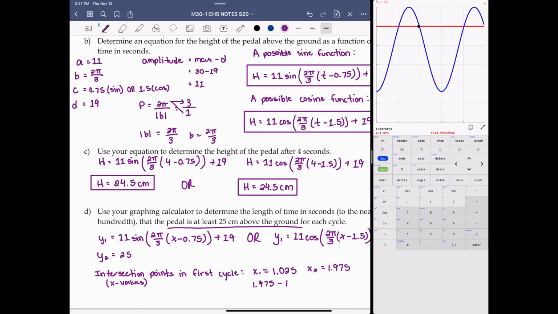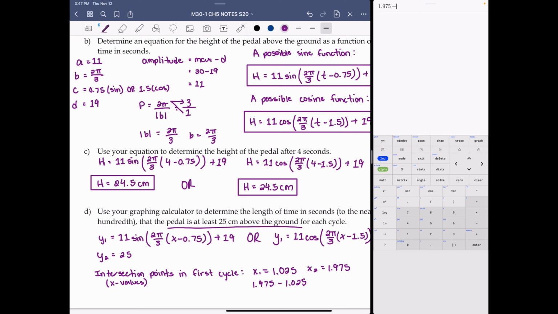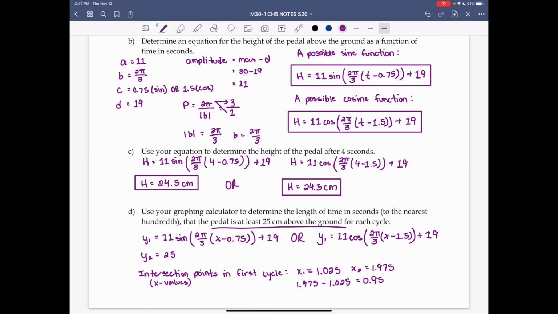So then the time that the pedal is above 25 centimeters would be 1.975 minus 1.025, which is 0.95. Then we can write a statement.